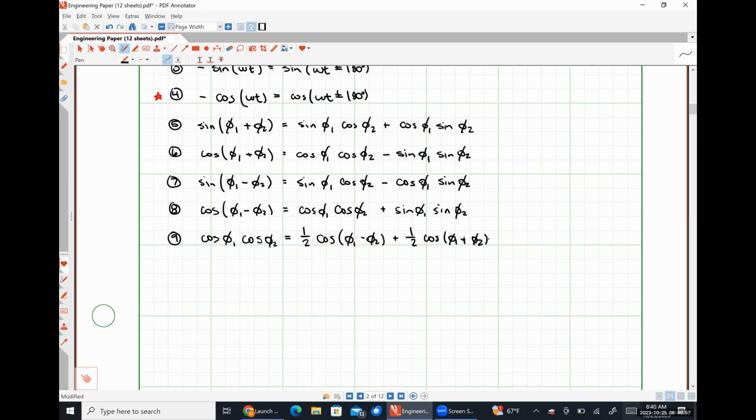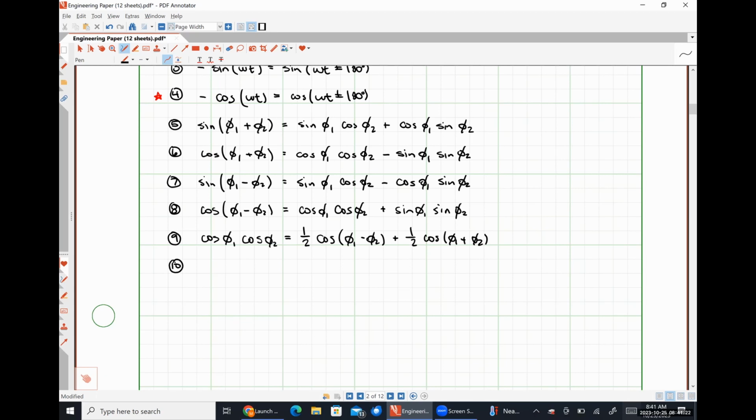Technically, we could derive this for cosine times sine, sine times cosine, sine times sine, but there's no point because we can express any sine function as a cosine function and just use this. So I'm not going to derive it 4 different ways when we can just substitute one of our other relationships in and get the job done.